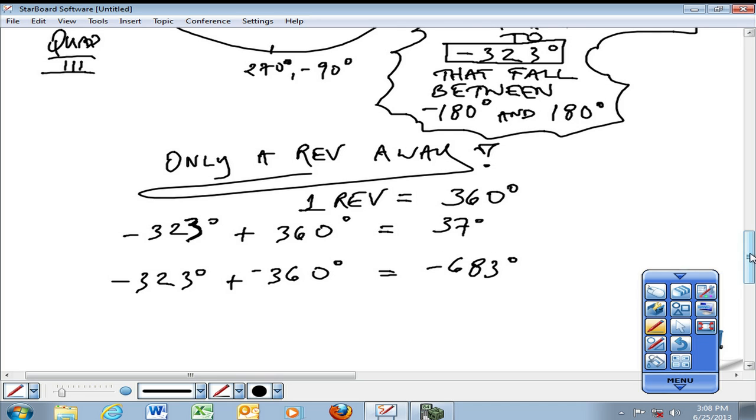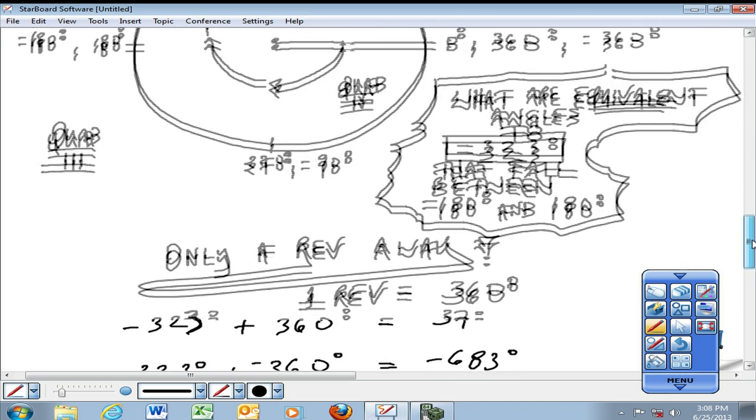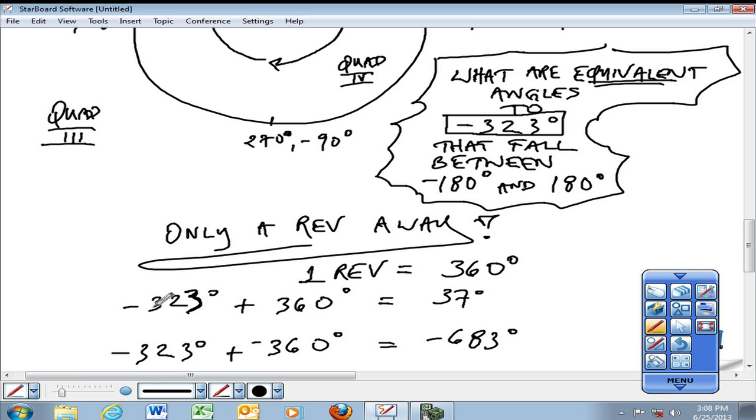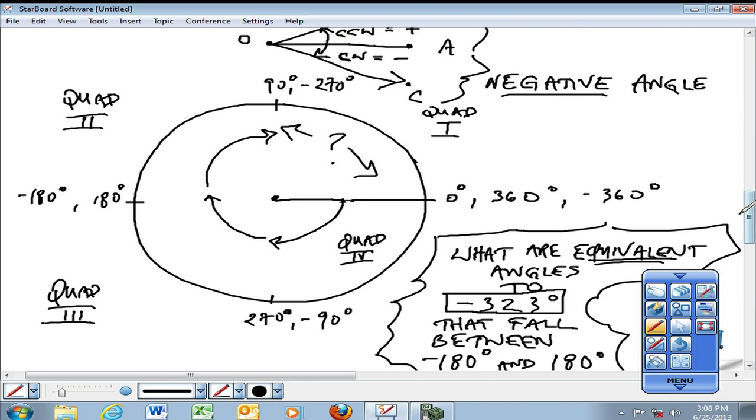Think about it visually. Negative 323 degrees plus 360 is 37. So we're going past negative 270, and we're coming over, let's guesstimate, this is 37 degrees.